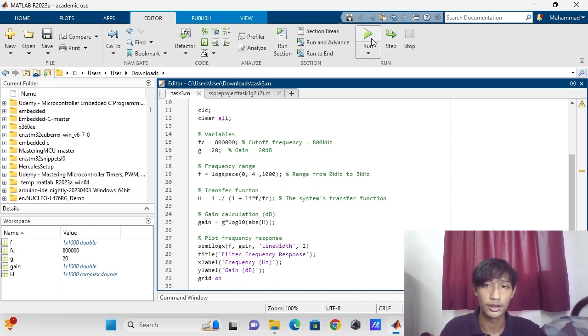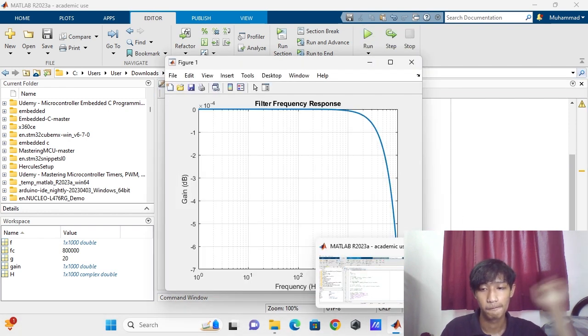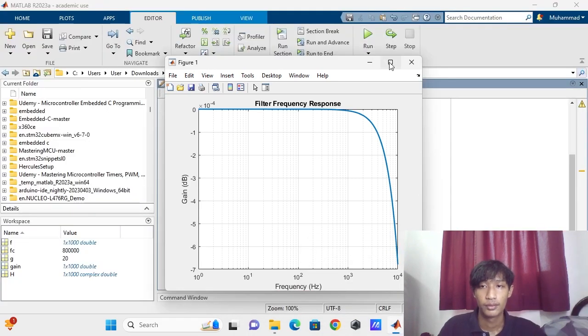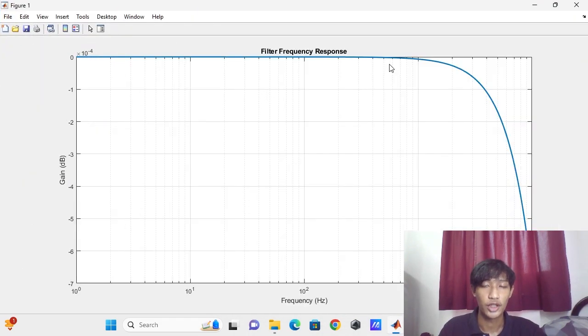So let's run the code. As you can see, this is the frequency response of the low-pass filter with a cutoff frequency of 800 kHz. So that's all for the third question.